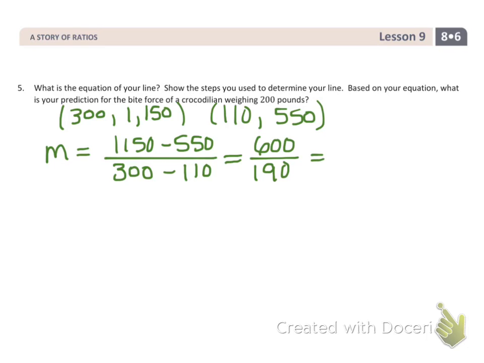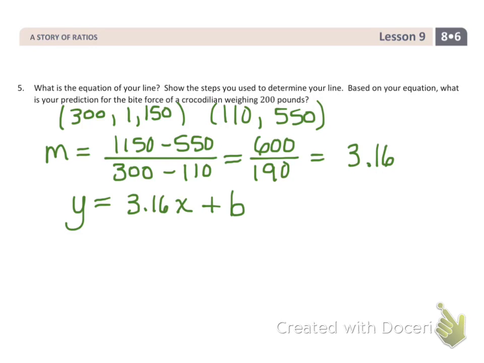I'm going to use a calculator for this, and I'm going to round it to the hundredths place. So I get 3.16 for the slope of that line. So now I know that this equation is y equals 3.16x plus the y-intercept, and now I want to solve for the y-intercept.